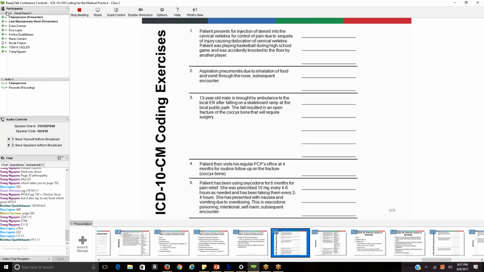Place of occurrence, park, public. Page 422, about halfway down, park, public, Y92.830. Let's look that one up. Make sure that there's no additional digits that we have to code. Y92.890.